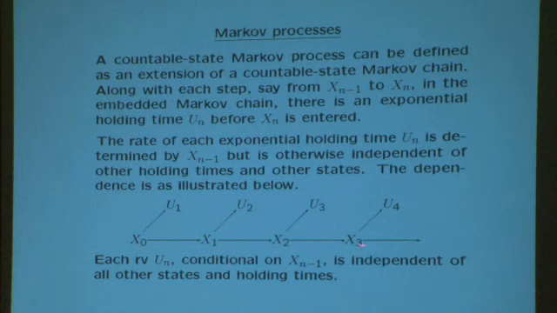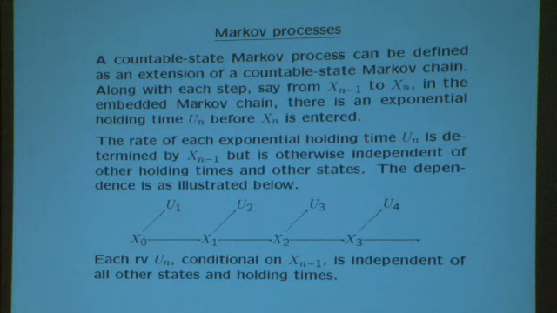You have a sequence of random variables here, a sequence of random variables here, each random variable here, conditional on the initial state that it's coming from, is independent of everything else. And that's what this dependence diagram means. It's a generalization of what we talked about before.